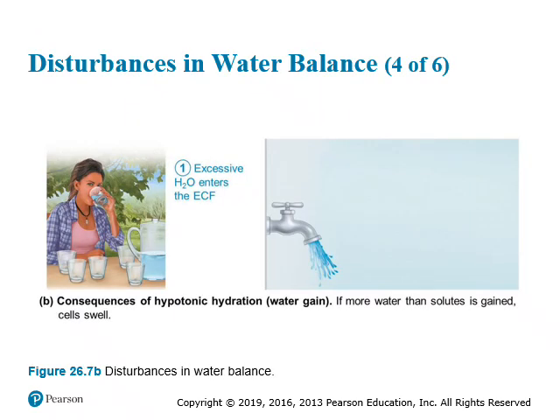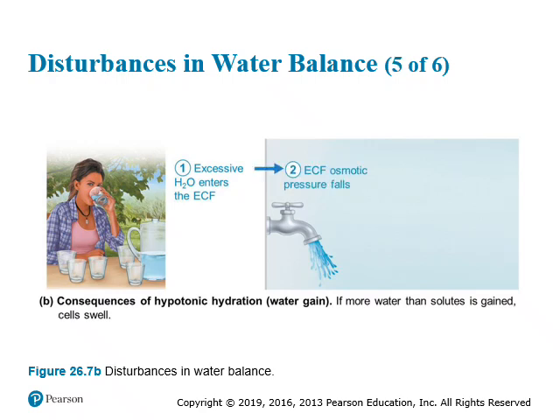So now, let's take a look at the other phase of disturbances in water balance, looking at the consequences of hypotonic hydration, which is water gain. If more water than solute is gained, the cells will swell. I mentioned that to you. The cell will undergo edema.